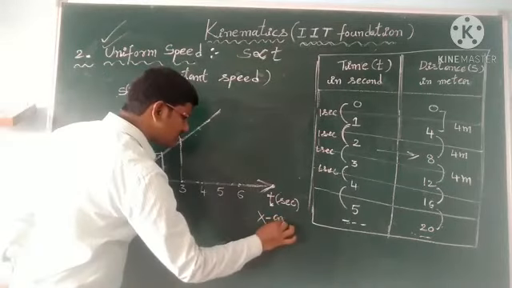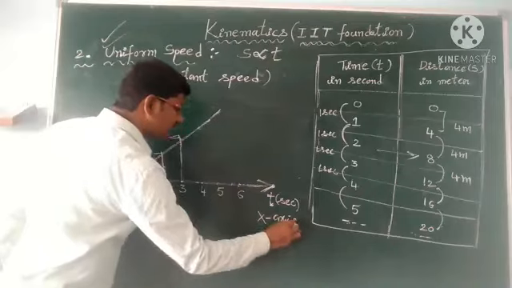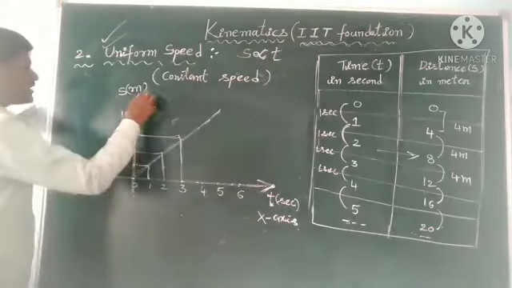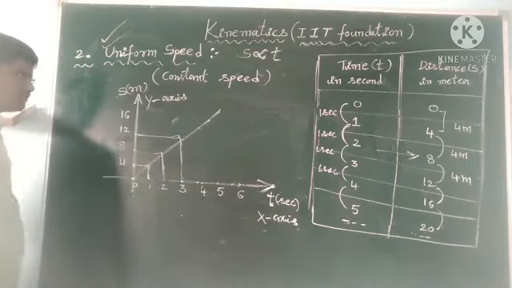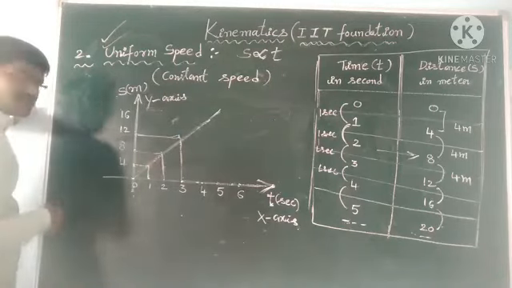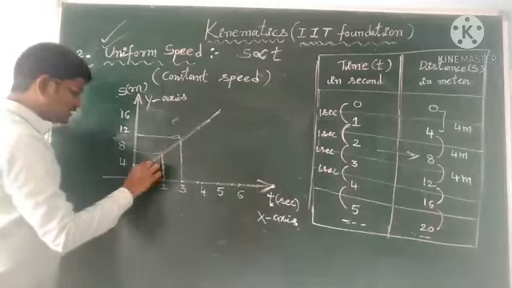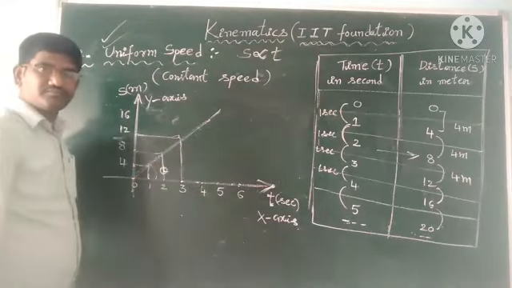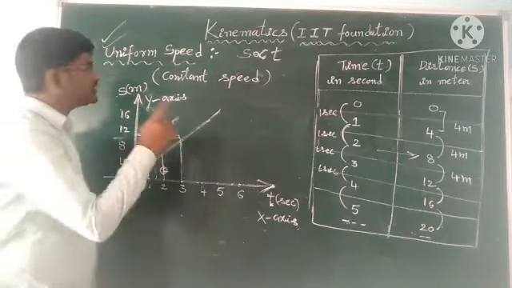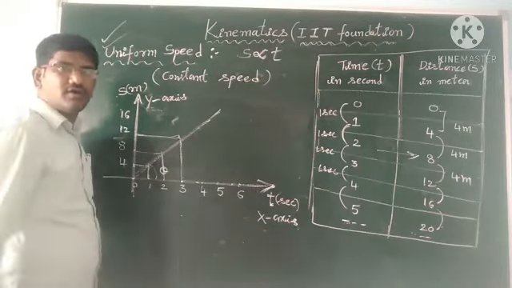We can consider this the x axis and this the y axis. So the distance time graph is a straight line inclined to the x axis, making some angle with time. Okay students, this is about uniform speed.